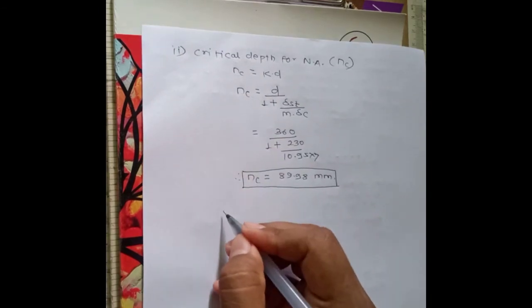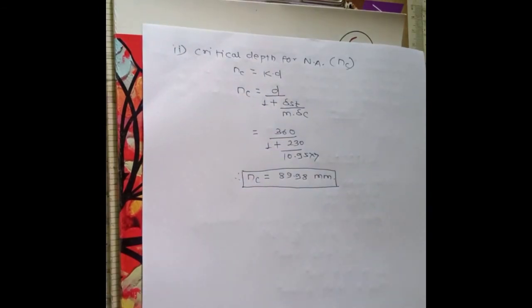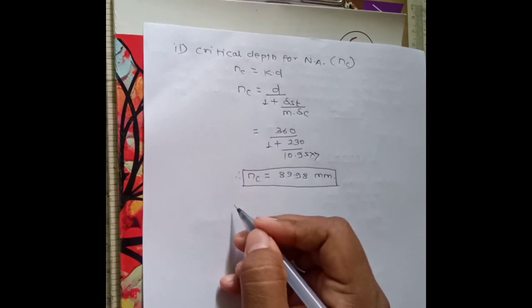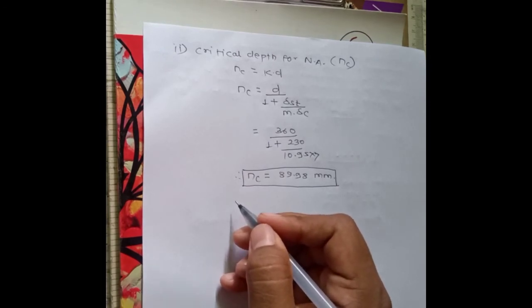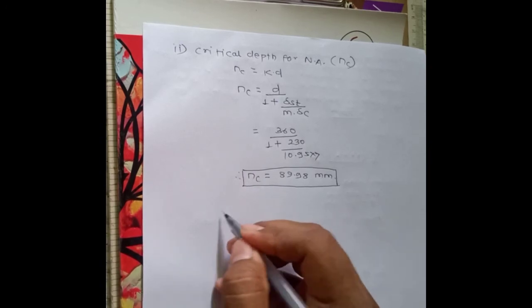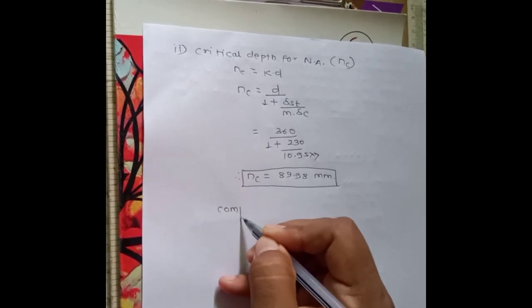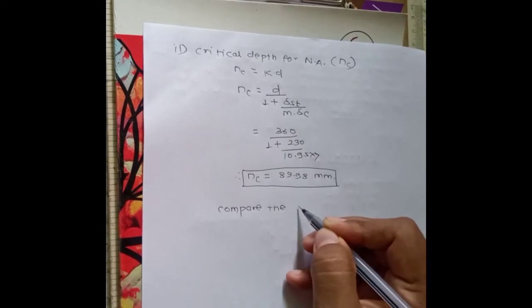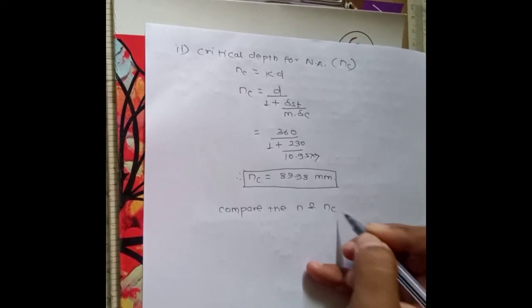Now we need to find whether it is over reinforced or under reinforced. So for this, compare n and nc.